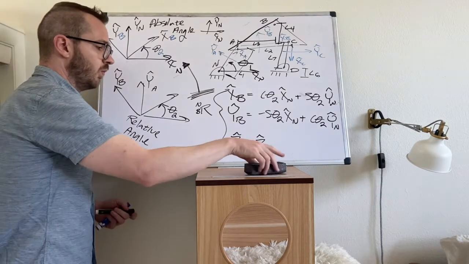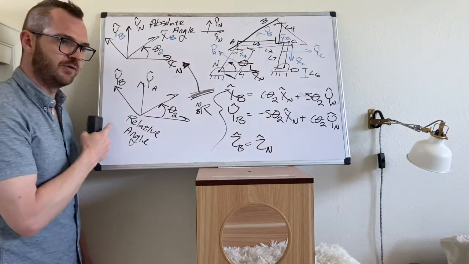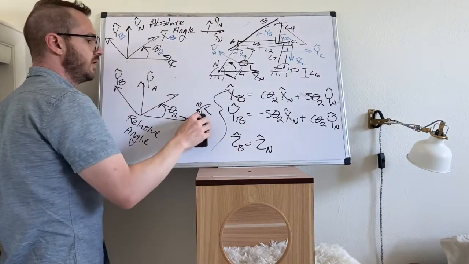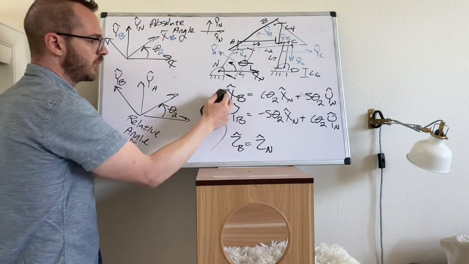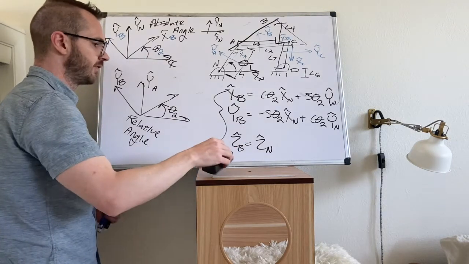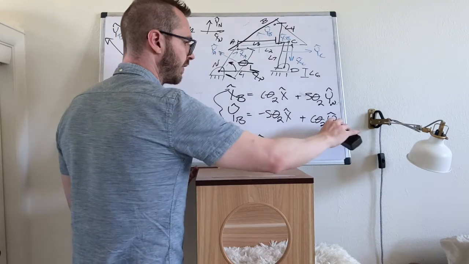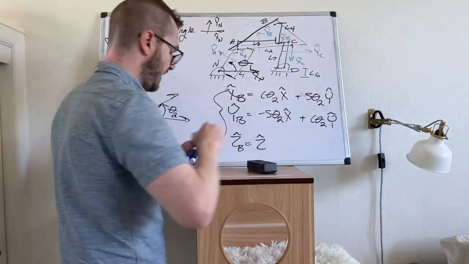Now, what if we had decided to do the relative angle? The difference is that we would no longer define B in terms of the N frame. Instead, we would define the B frame in terms of the A frame.